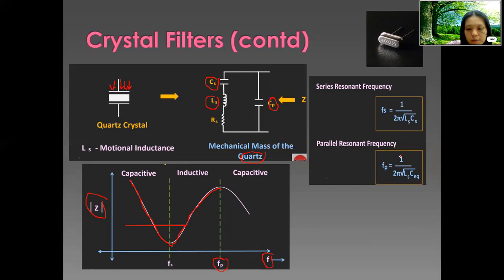This Fp can be calculated from 1 over 2 pi square root of Ls and C, where C is the equivalent capacitor. Our equivalent capacitor is equal to Cp Cs in series, divided by Cp plus Cs. This equation is actually the capacitor voltage divider.